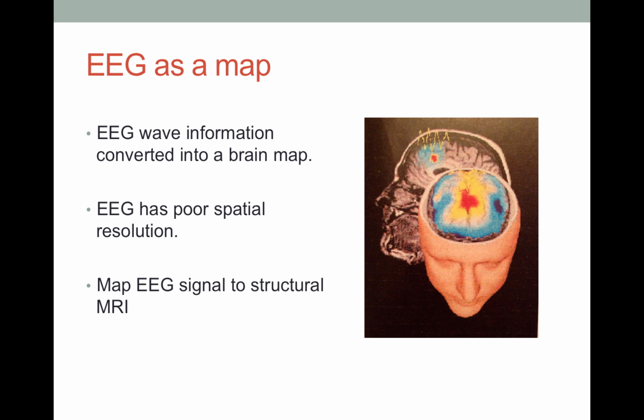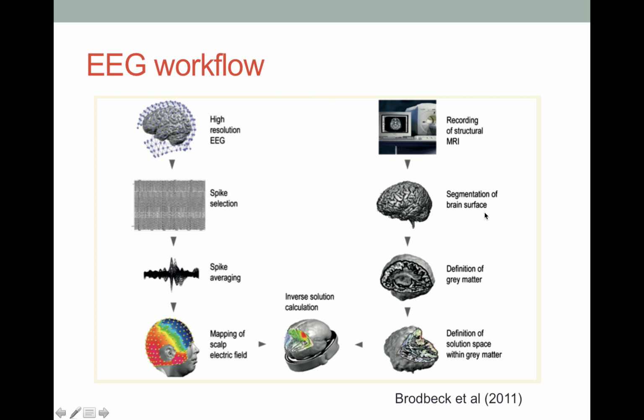This allows the different electrodes to be matched up to the correct points on the brain, and the signal obtained from each electrode would be imposed on the brain, which we can see here. This image gives an illustration of the different steps involved in converting the EEG and MRI scans into a map of activity.